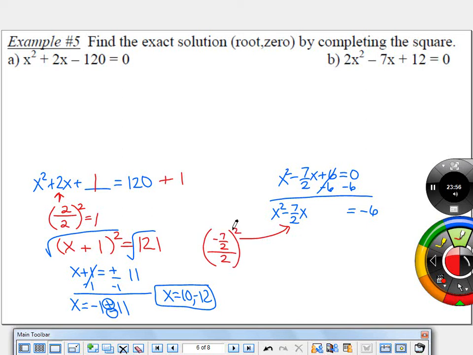Okay. All right. Negative 7 over 2 divided by 2 is the same thing as negative 7 over 2 being multiplied by 1/2. Okay? So that is negative 7 over 4 once we divide it by 2. And then we still have to square it, so we're going to get 49 over 16.